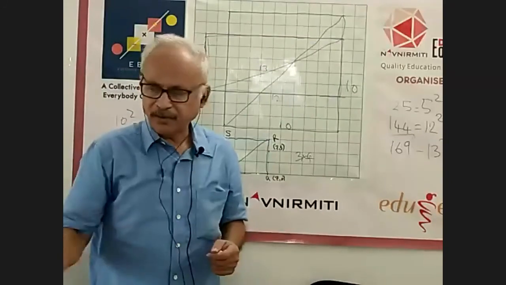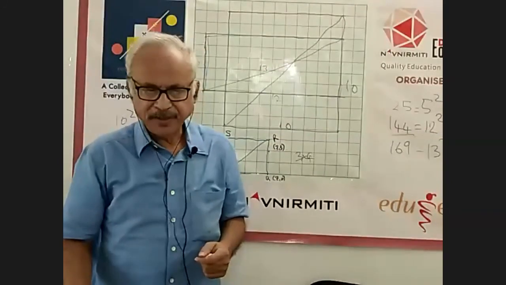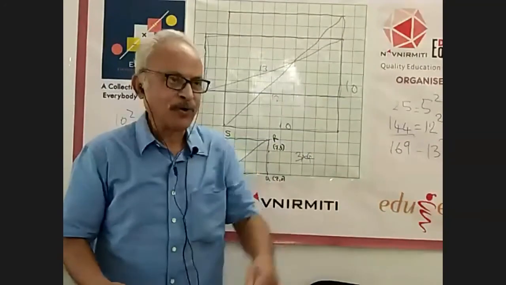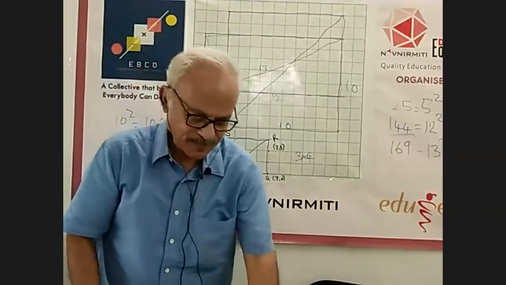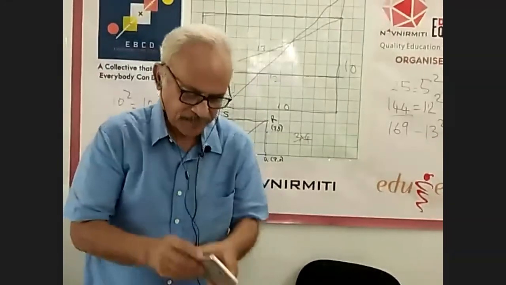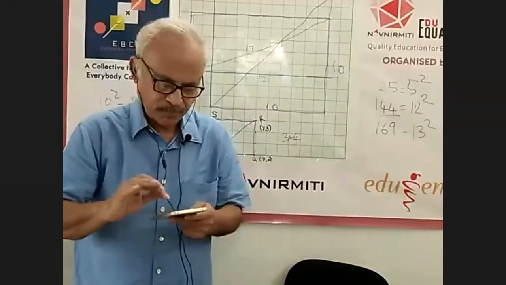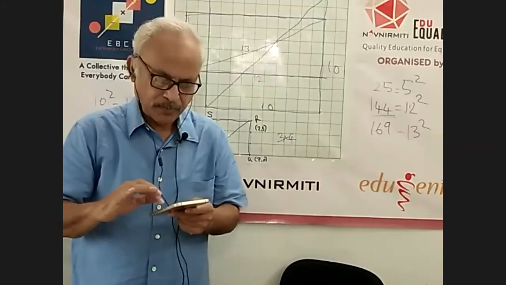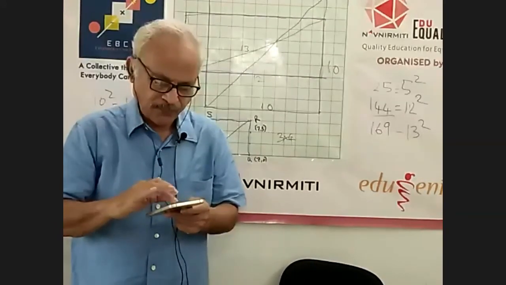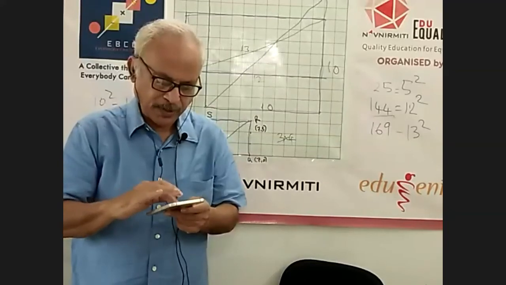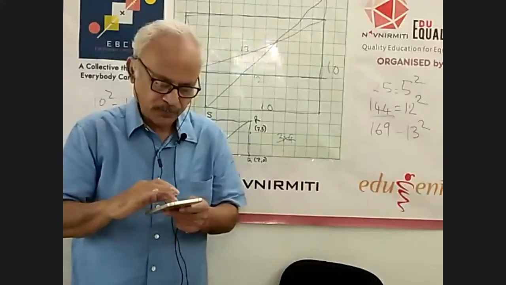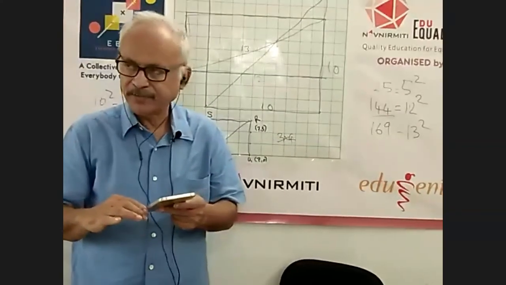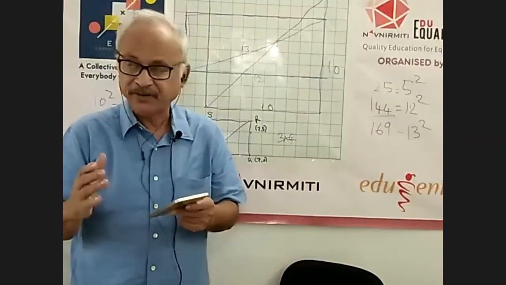Okay, so one participant says, try 14.14. Try 14.14. What do we get? 199.93.